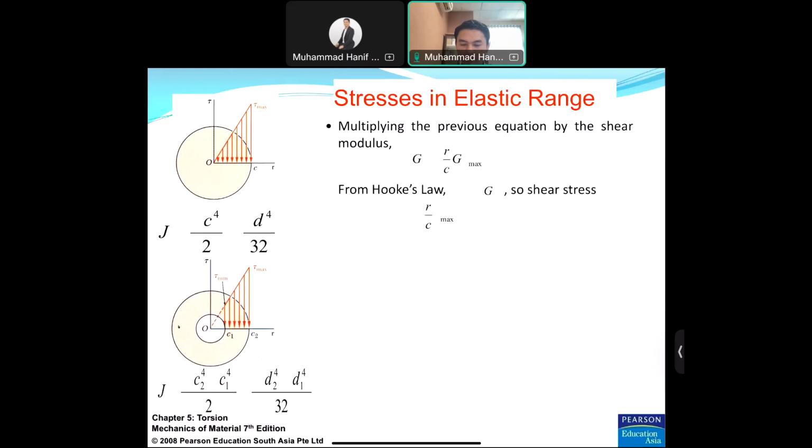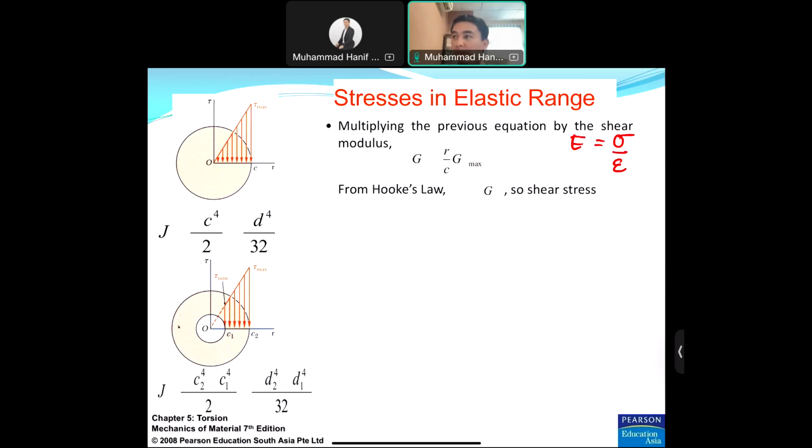I will repeat a bit about it, even though I have explained this in class. We have shear modulus. You learned in chapter 3, the mechanical properties topic, about Young's modulus, where we have the equation E equal to sigma over epsilon.